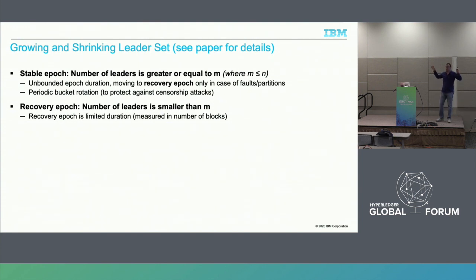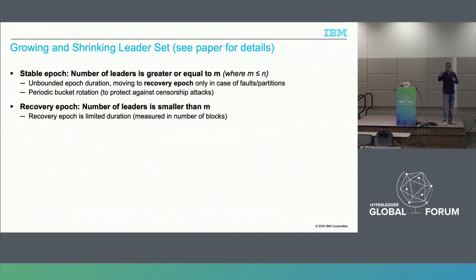It's like you have the prime minister and he decides his government. Basically, there are certain rules in which, if faults happen, the leader set must shrink. And if faults didn't happen, the leader set must grow, or should grow, right? Because it can stay the same.